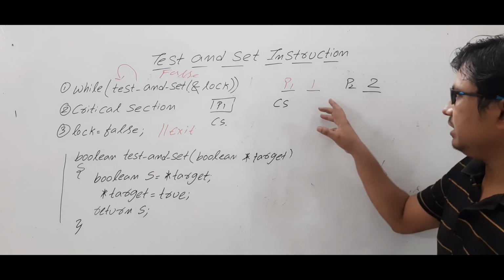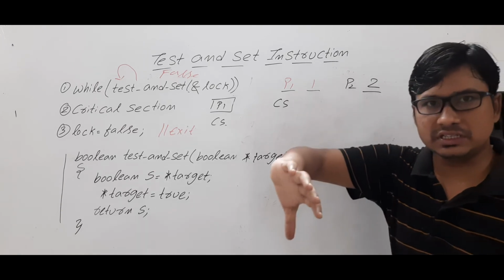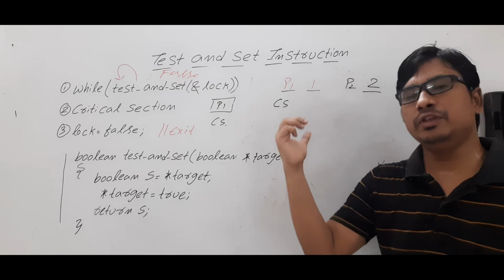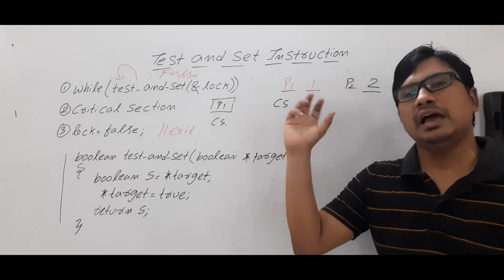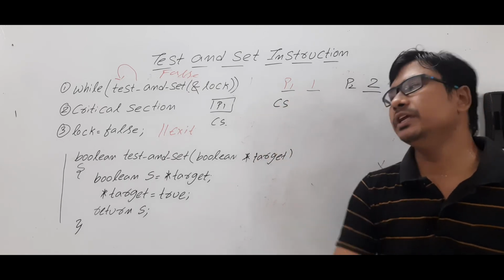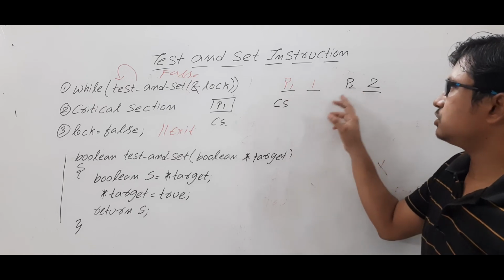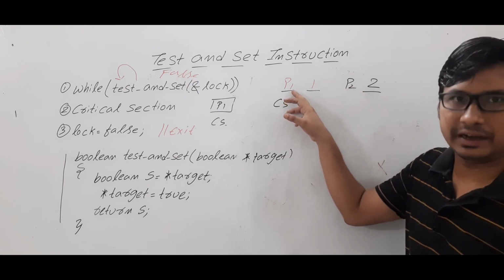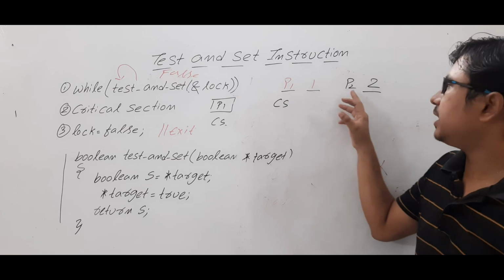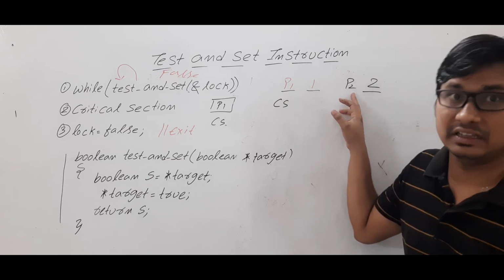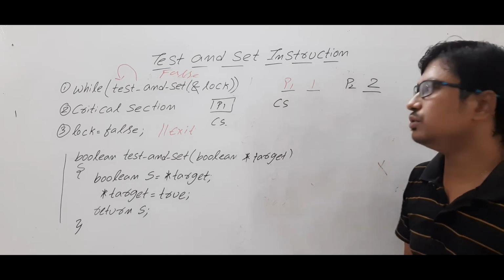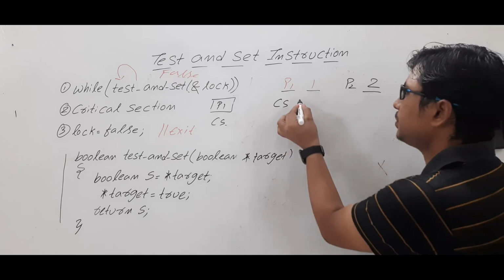The meaning is that if any high priority process is in the ready state, and the process which is running has lower priority, then it will be preempted. So process P1 is in the running state and it has low priority compared to the process in the ready state. Is it clear? So process P1 has been preempted.